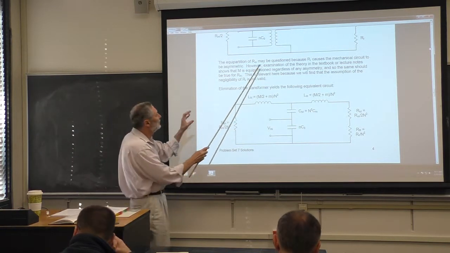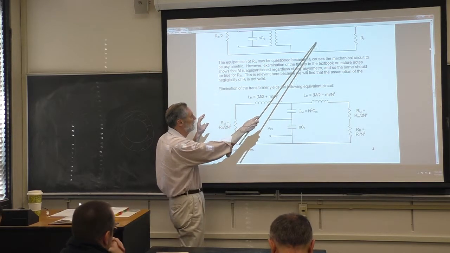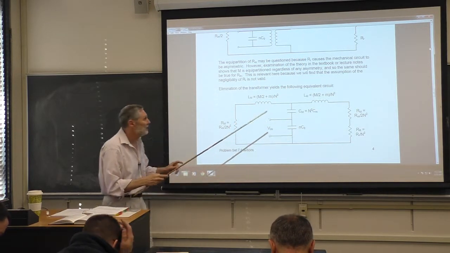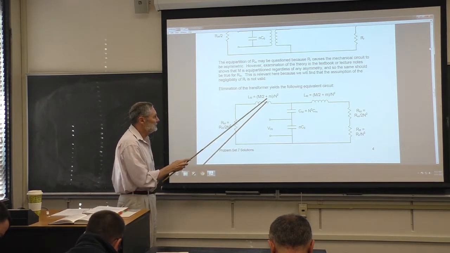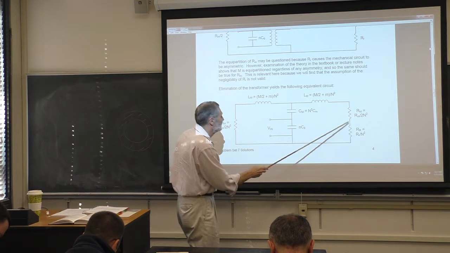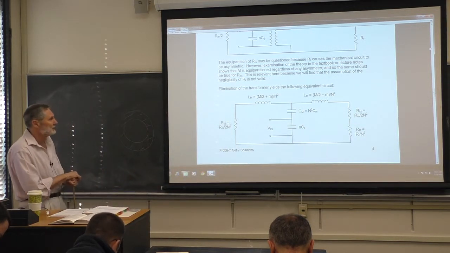When you remove the transformer to make the mechanical side purely electrical, any inductance gets divided by n squared, and resistance and capacitance get multiplied by n squared. Remember that? Just chapter 2, I think.